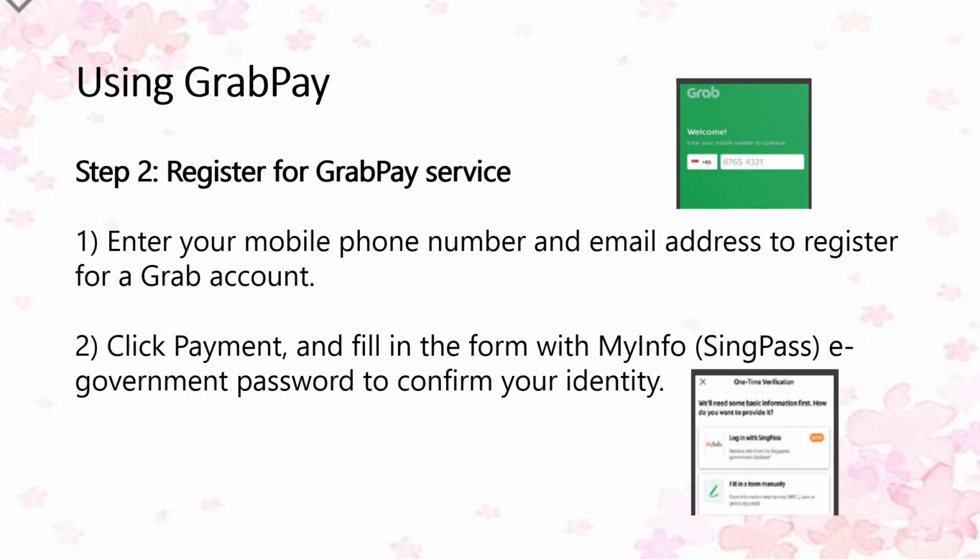When you have downloaded the app, you will then need to register for the service. To do that, enter your mobile phone number and email address into the app to register for a Grab account. When prompted, select Payment and fill the form in with MyInfo, SingPass, the e-government password to confirm your identity.